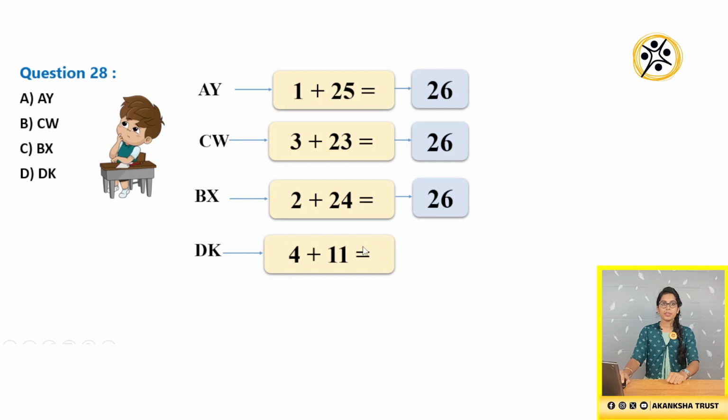In the case of DK, the position of D is 4, the position of K is 11 and the sum is 15. Right? So in the first 3 cases, the sum of the positions of the letters is 26. But in the fourth option, the sum is not 26 but 15. Hence option D is the odd one here.